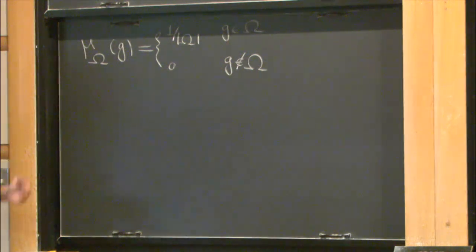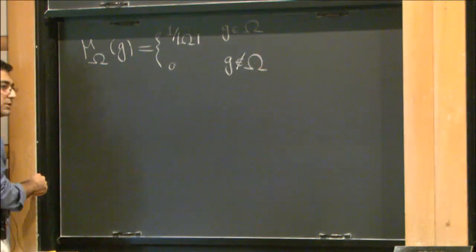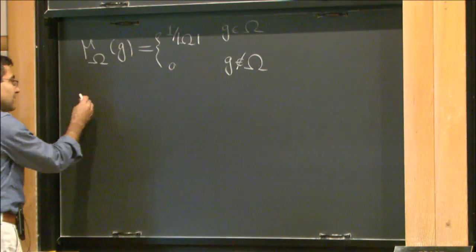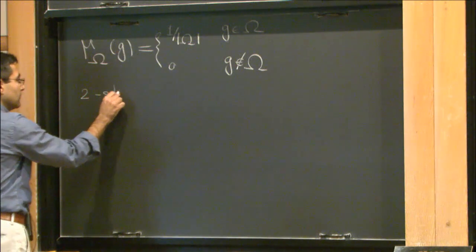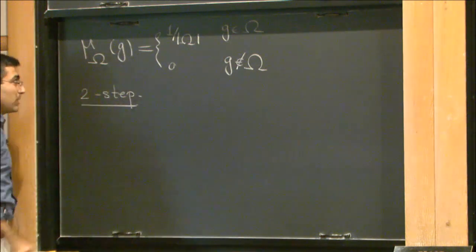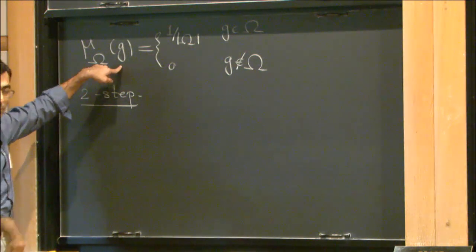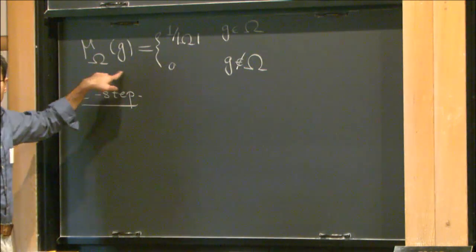And then I start doing a random walk with respect to this. For instance, in the second step, what is going to be the probability law? In order to reach a point g, I should start with g1 and then multiply it by g2, both of them inside omega.